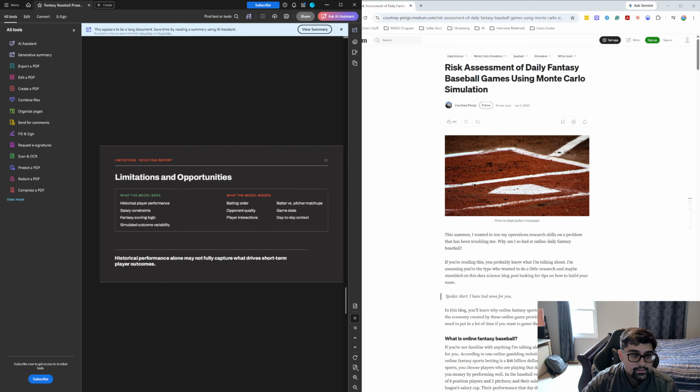So now let's discuss the limitations and opportunities within the model that Courtney posited. On a high level, the model looks at historical player performance, salary constraints, fantasy scoring logic, and simulated outcome variability. But I feel the model misses a lot in terms of batting order, since you have more of your power hitters and home run hitters in the middle of the lineup, as well as opponent quality, and where the players are playing.